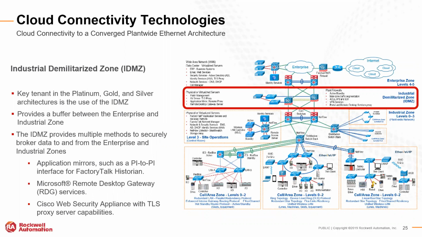Now with that, as I said earlier, you're going to have applications that live in here, such as your firewalls, your PI-to-PI mirrors for your FactoryTalk Historian, your remote desktop gateway services, your Cisco Web appliance that would have the capability to use TLS when you're connecting to Rockwell's secure website for those APIs and to check for those updates and lifecycle statuses.